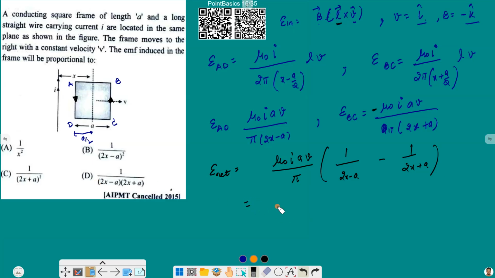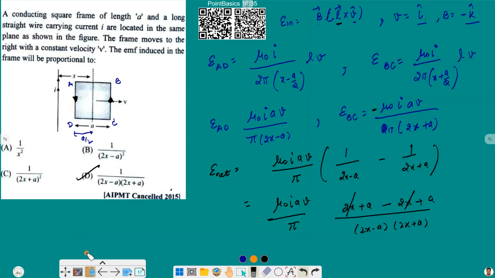So we have 2x plus a here and minus 2x plus a here, x gets cancelled, we have 2a here, and it is proportional to 2x minus a into 2x plus a. So that is option D. The induced EMF will be proportional to this value.